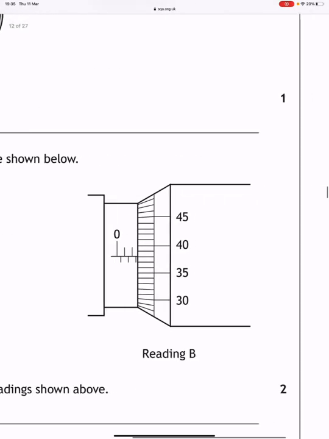If we look at this one, on the left-hand side, we can see that it's above 2.5 millimetres. And this time, in terms of hundredths, we've got 35, 36, 37, 38. And we add that to the 50, because it's beyond 2.5, so that's 88. So we end up with 2.88 millimetres.